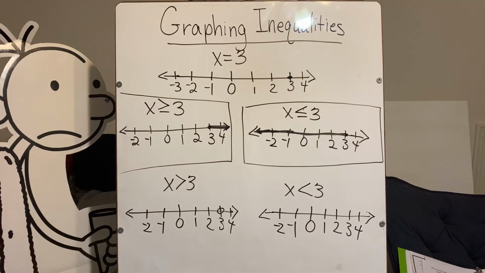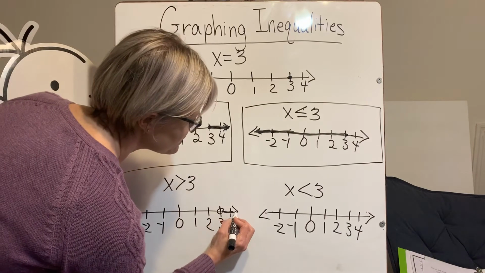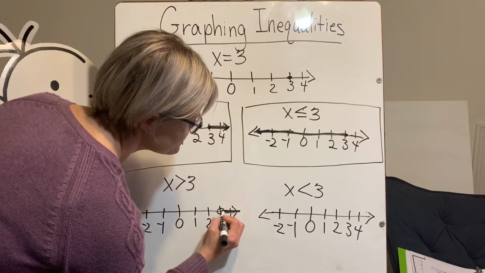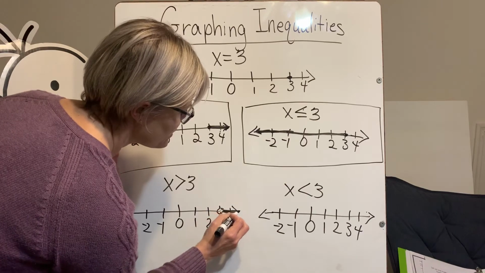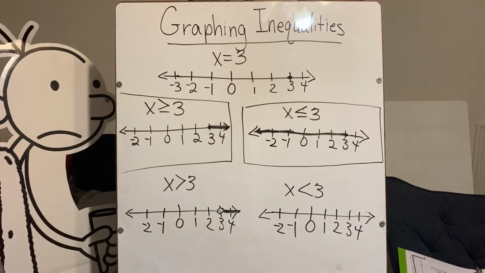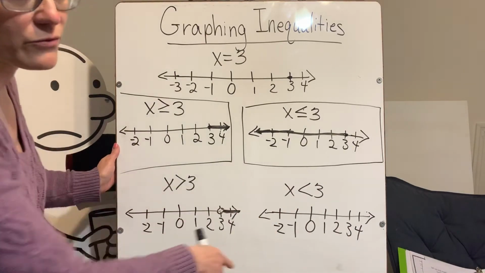So it does not include 3. X is going to be greater than 3. So again, I'm going to fill in a dark line that goes this direction because it is greater than 3. Now it could be 3.000001 because that's greater than 3. So it can be any number greater than 3.